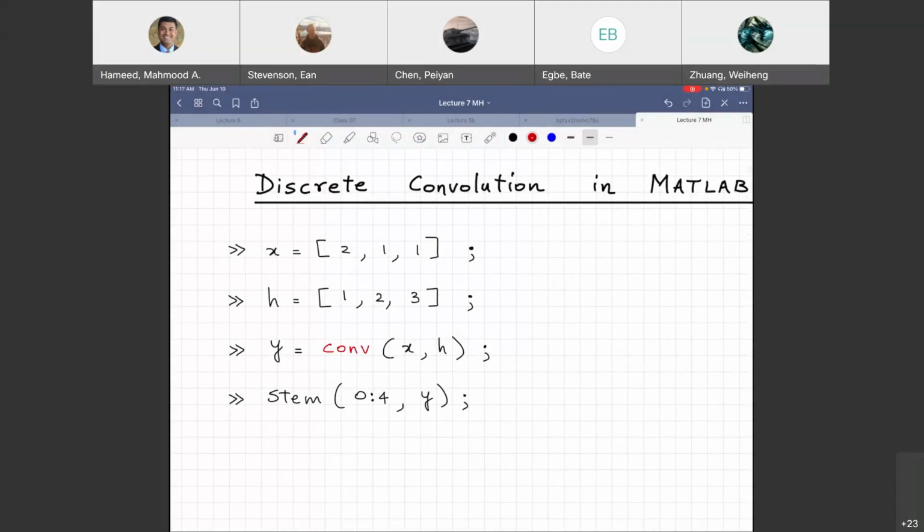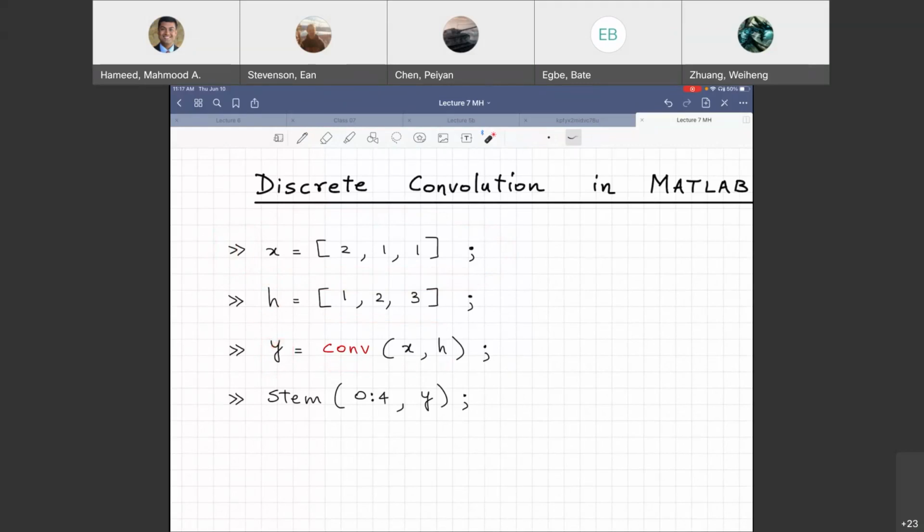Using just one function. Define h, define x. So I've defined over here, this is in Matlab, and this is the command prompt, right? That's where you are writing your functions. X is 2 1 1. H is 1 2 3. CONV is a command in Matlab that allows you to do this discrete convolution. So y is conv of x comma h.